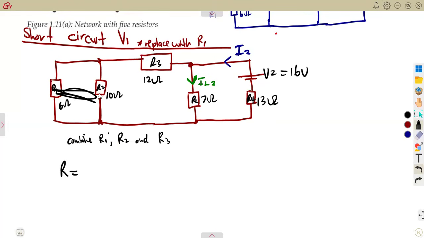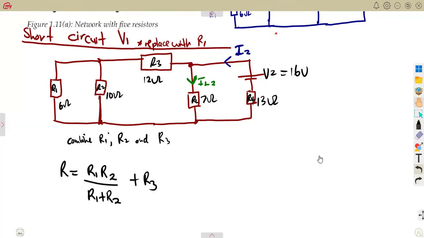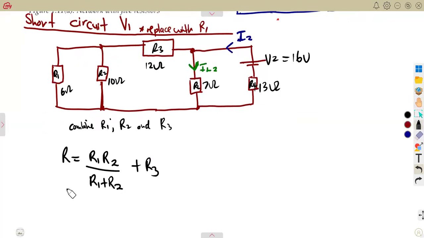By combining this, like I said, we're going to have the parallel combination of R1 and R2. So these two are in parallel, product over sum. So that's the product over the sum of the resistors plus R3. So you're going to add the R3, which will be a series combination. All right, so we need to combine these three first and see what it's going to look like, okay?